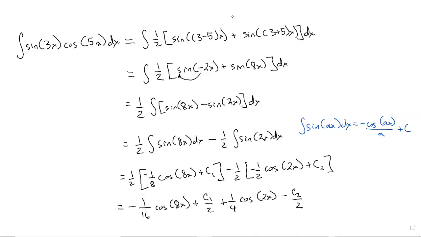And again, we can go ahead and combine our constants of integration so that we have negative 1/16 cosine 8x plus 1/4 cosine 2x plus our arbitrary constant. So this is one example where you can use the product to sum formulas to perform the integration rather than try to do integration by parts twice. And this is a common substitution made when you have the products of sines and cosines.